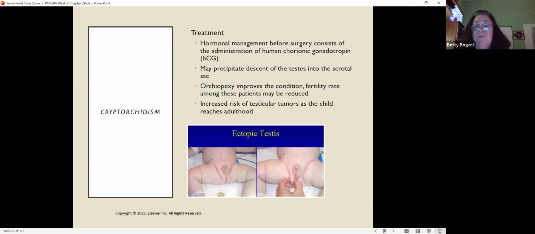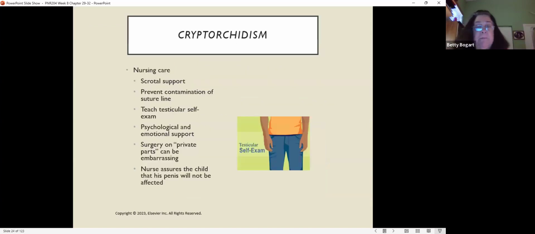Now, sometimes treatment could be hormonal treatment. Sometimes it might need to be surgery. And this is a child that had this problem with testicles coming down. This is one that needs to be adamant about doing their testicular exam monthly. Women do breast exams, men should be doing testicular exams.